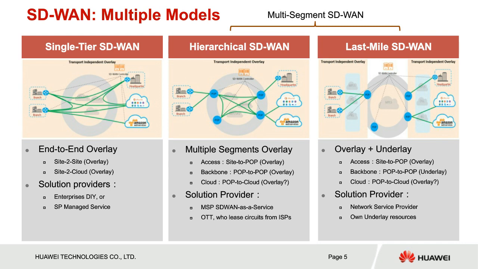Before MPLS came into the picture, frame relay was the dominant network technology. But the problem with frame relay is the multi-point to multi-point mesh interconnection that requires all the CPEs to know all their destinations and maintain a full routing table on where their applications are going. So it becomes really hard to manage.